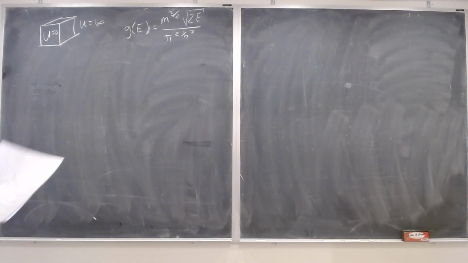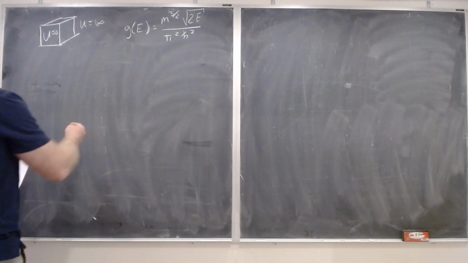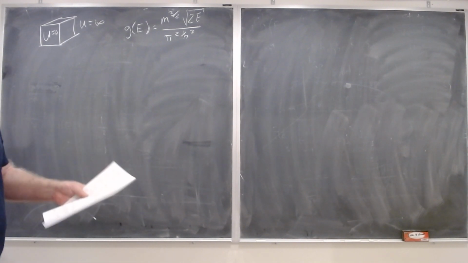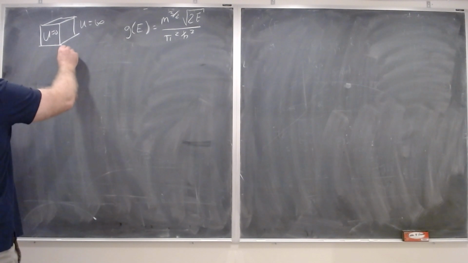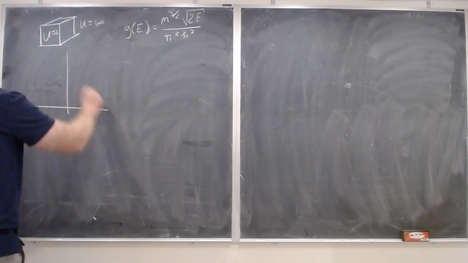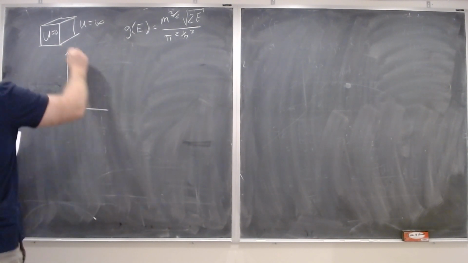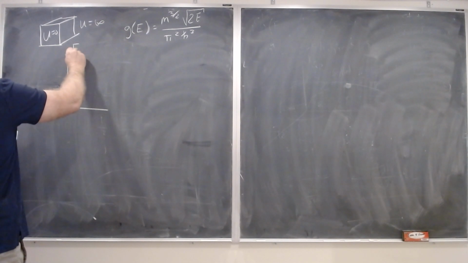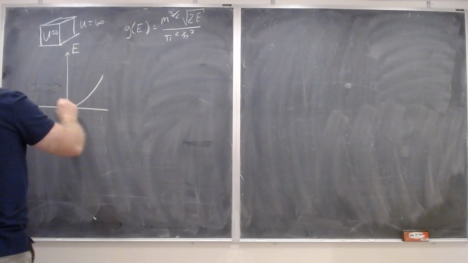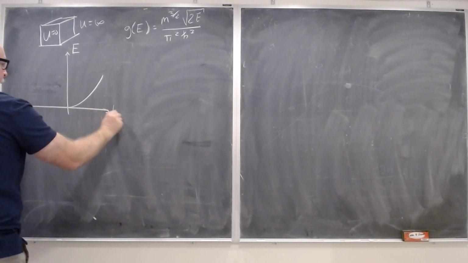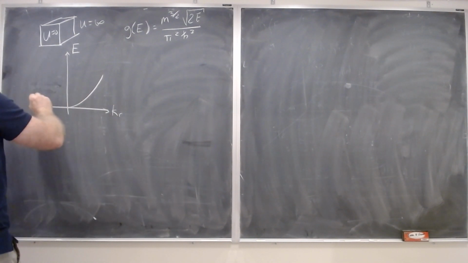And the way I want to explain that is that for the empty box, energy starts at 0 and versus k_r goes up quadratically.